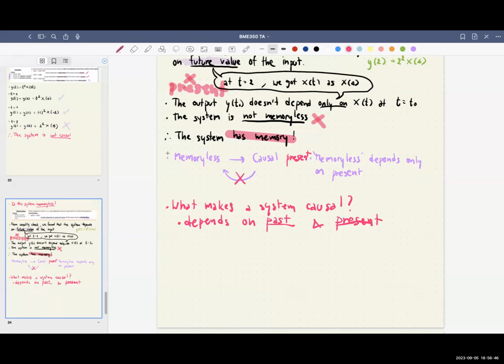Good. But we know that memoryless also only depends on the present, right? Therefore, a system that is memoryless is causal. But a causal system, that depends on present and past, doesn't necessarily mean it's memoryless.